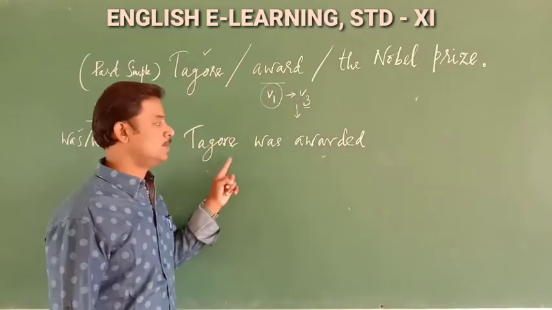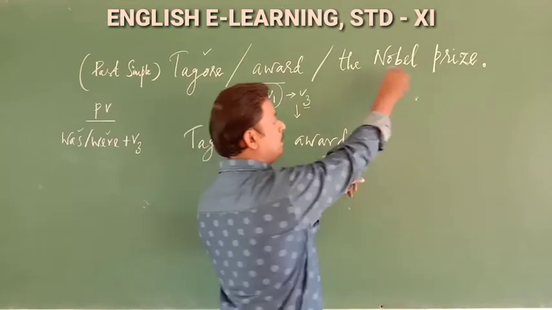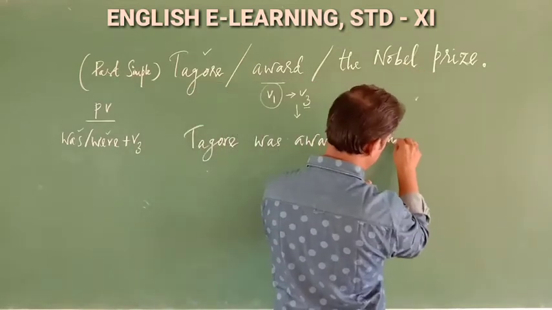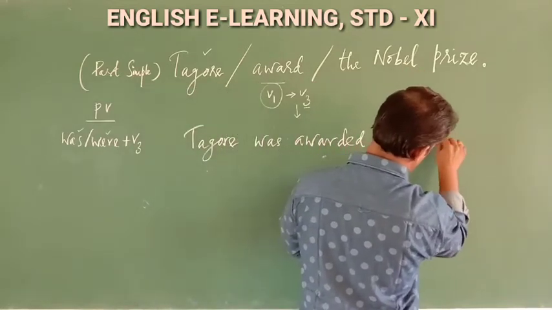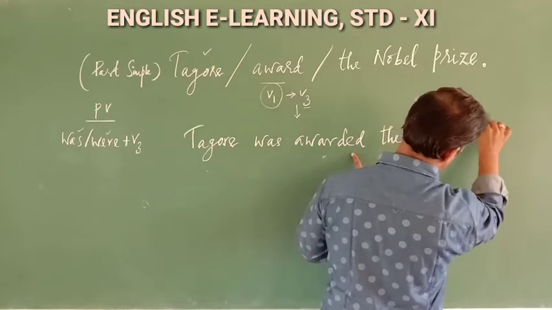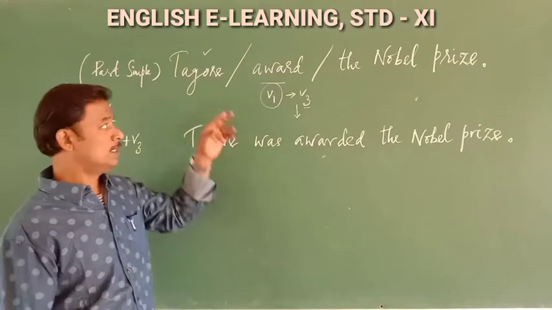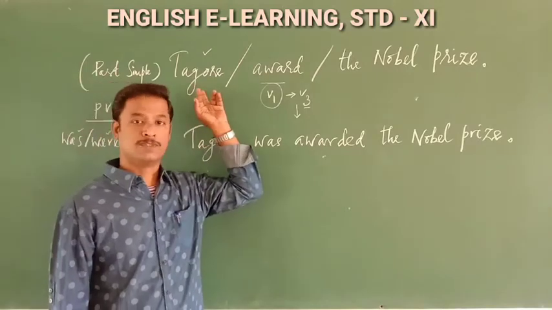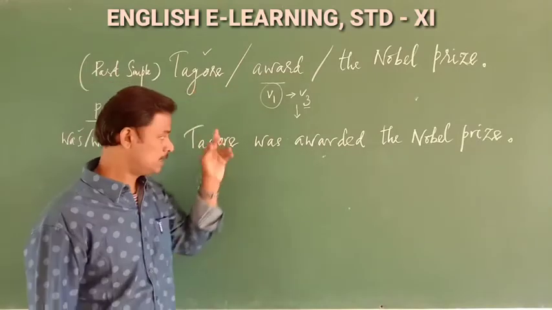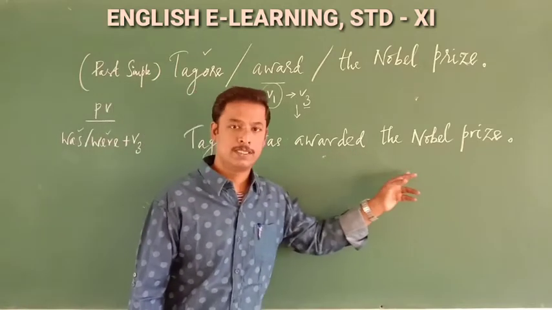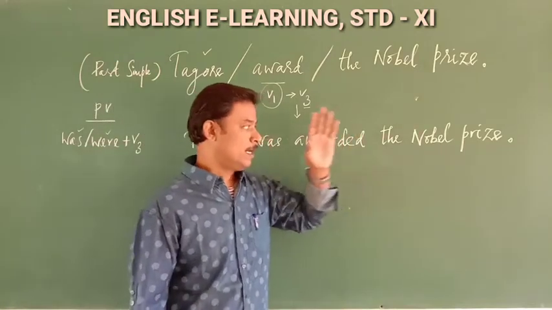Tagore was awarded. The remaining words are the Nobel Prize. So the passive construction of this group of words is: Tagore was awarded the Nobel Prize.